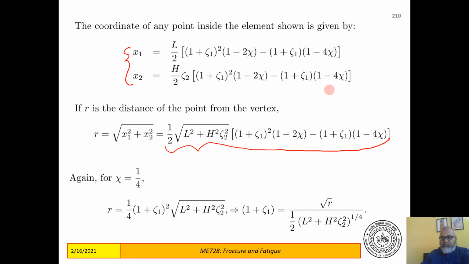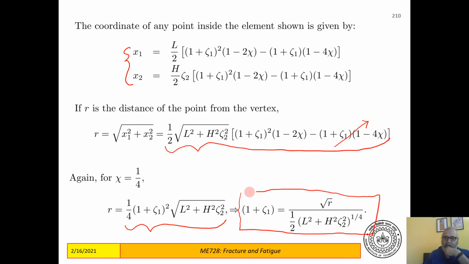This term cancels out, this term goes to 0 for 1/4, and R is given now by this quantity because the last term has got cancelled. Therefore 1 plus zeta 1 is root R divided by a constant. So this is zeta 1 and zeta 2 in terms of r, or in terms of x1 and x2. R is a function of x1 and x2.